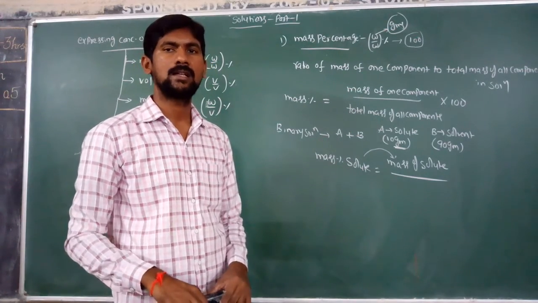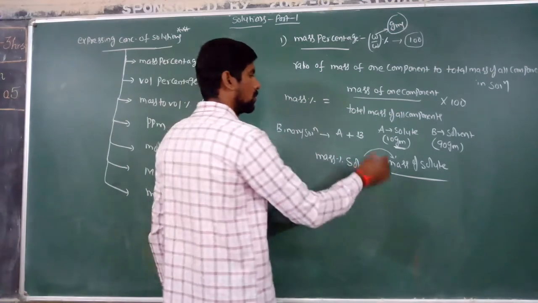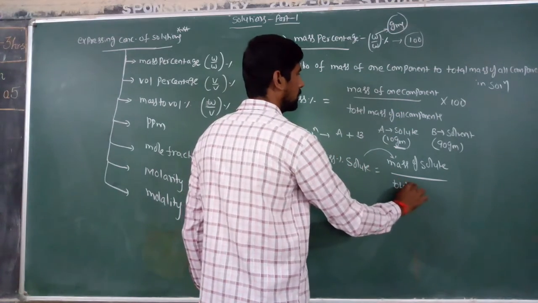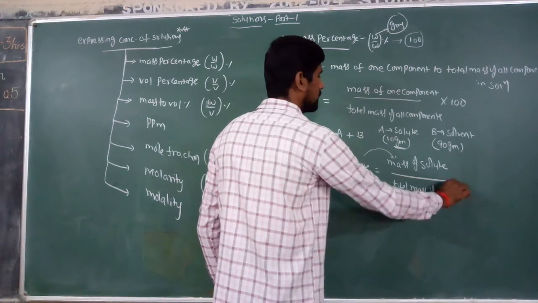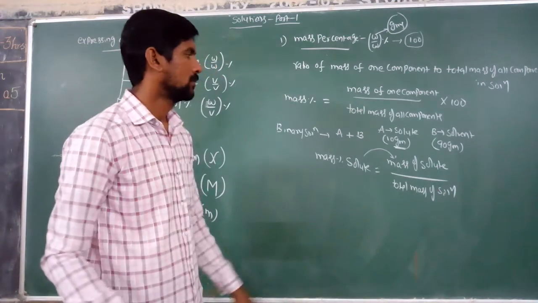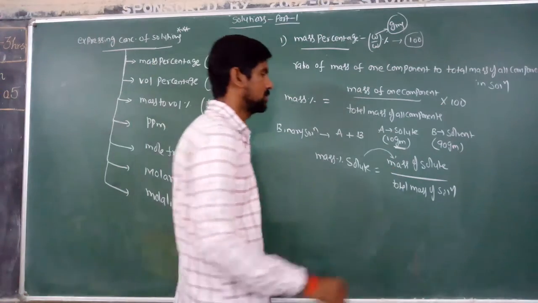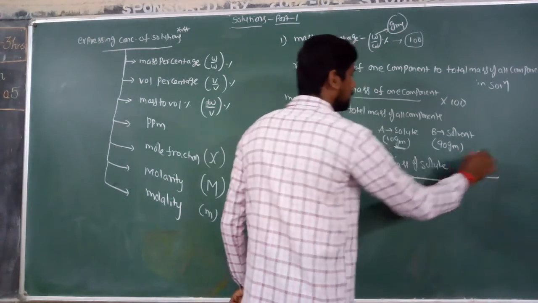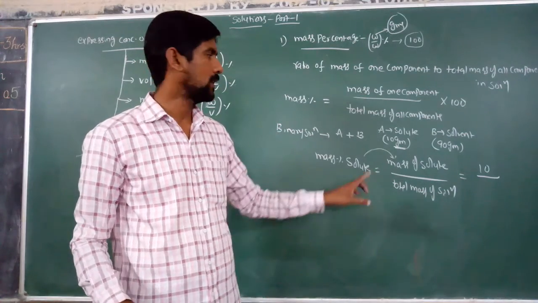How many components are there? A and B. A is solute, B is solvent. So total mass of all components in solution. Given mass of solute is 10 grams, which is equal to 10 by total mass of all components in solution. Two components are there.